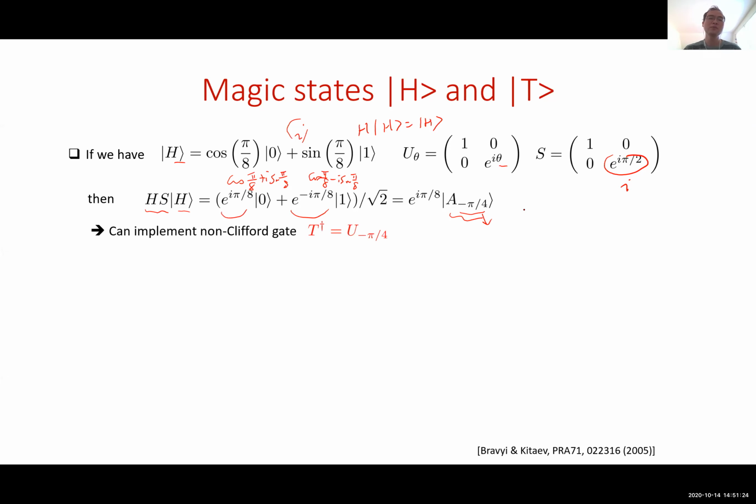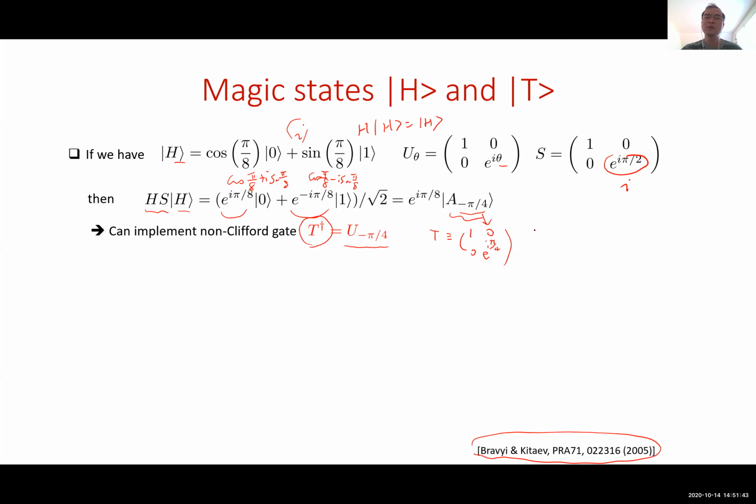Okay, so from this, we can implement a non-Clifford gate. This is the dagger of our usual T gate. So our T gate is defined as this. However, in this paper, the T gate is defined differently.